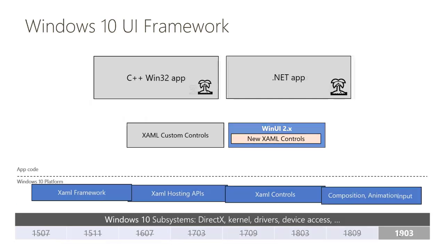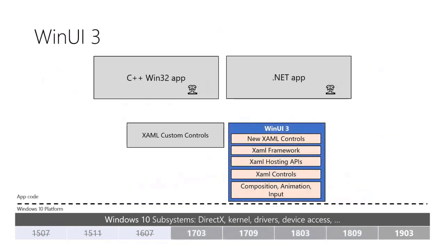With WinUI 3, we want to decouple and take all the XAML platform, all the presentation layer, out of Windows. And we will re-architect this XAML platform to make it available on older versions of Windows 10 until version 1703.